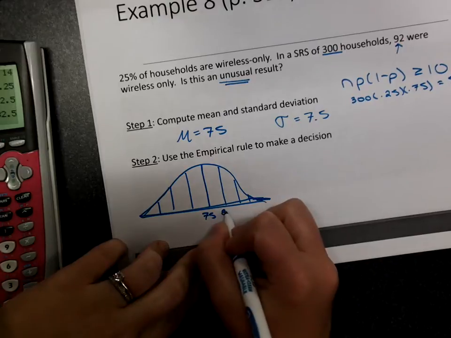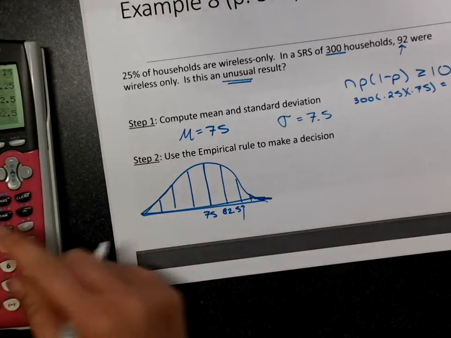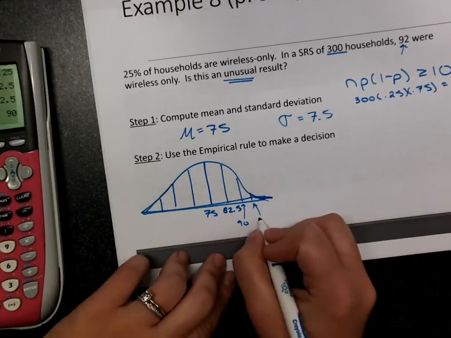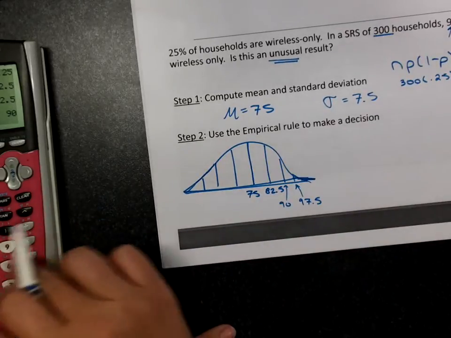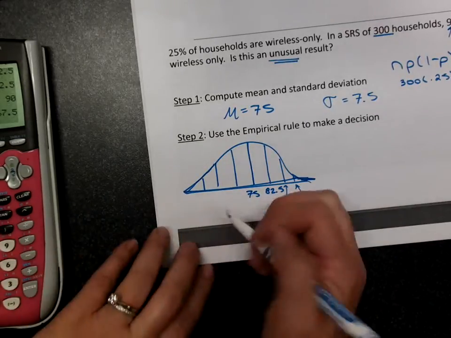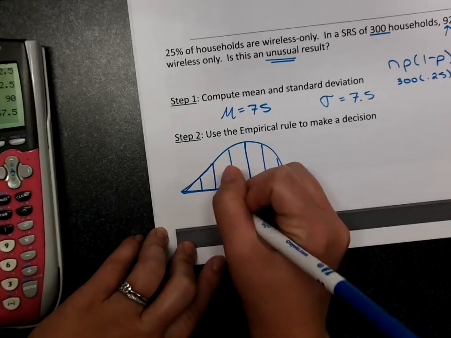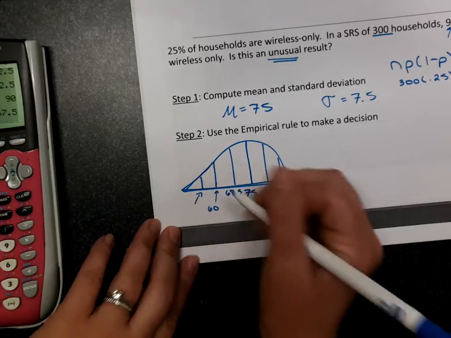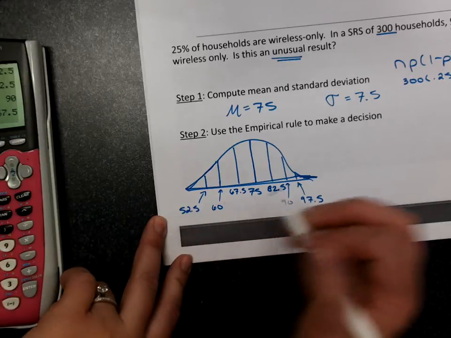So that gives me 82.5. The second one, if I add 7.5 again, gives me 90. And the third one would be 97.5. And I can also subtract, just like we did in chapter 3, subtract the standard deviation. That gives me 67.5. And then 2 standard deviations away would be 60. And then 3 standard deviations away would be 52.5.